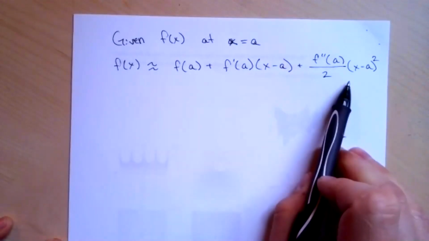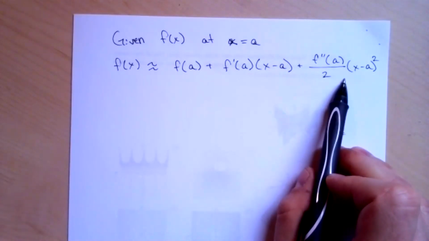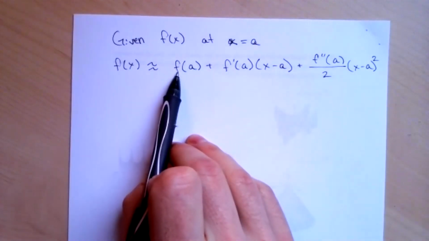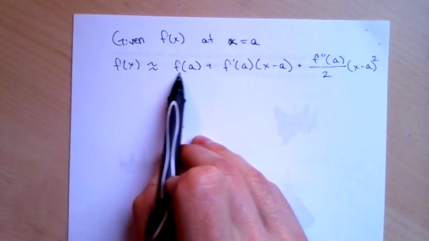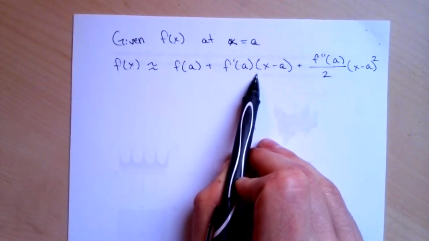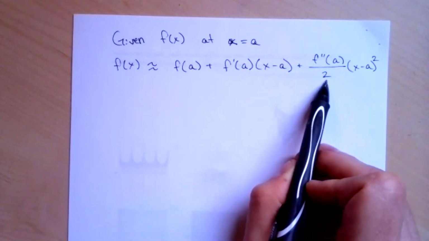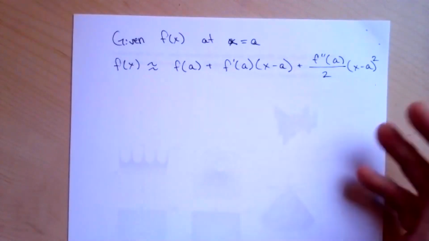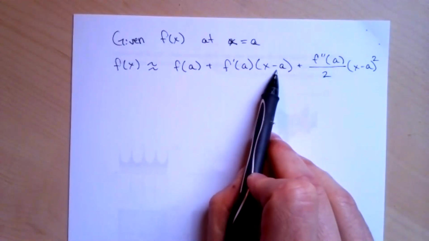So this is what we would call a second order approximation. Our value at the point is the 0th order. First order approximation is our linear approximation. Second order approximation gives us a quadratic approximation of the function centered at x equals a.